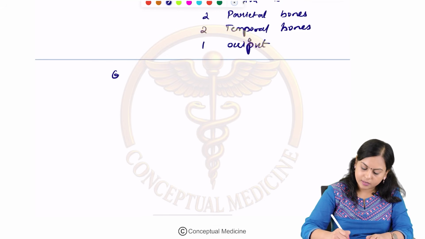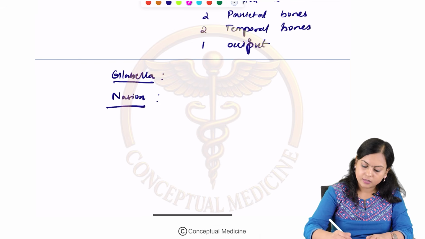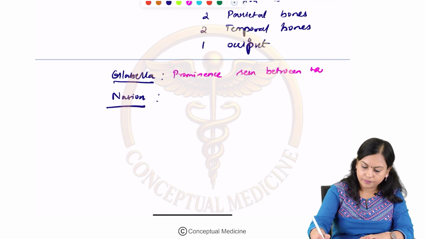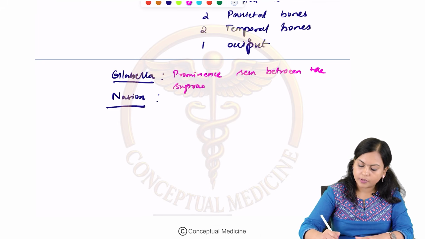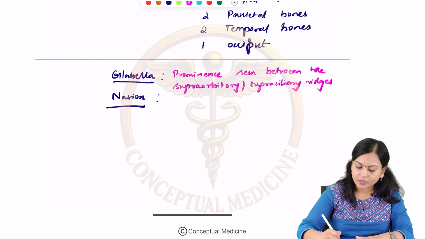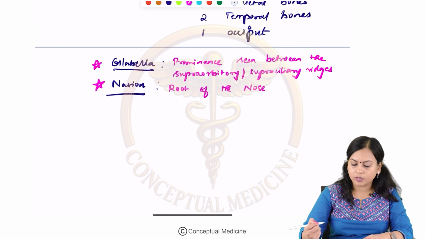Now what is glabella and what is nasion? Glabella is a prominence seen between the supraorbital or supraciliary ridges, whereas nasion is the root of the nose. I hope there is no confusion in these two terms.